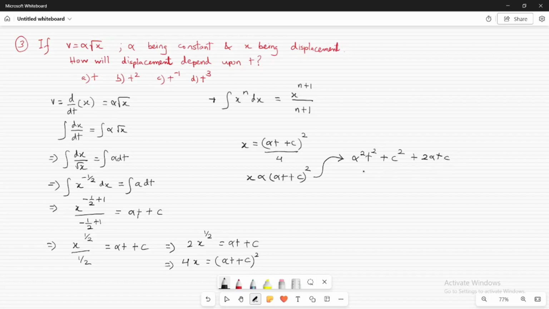Here the highest power of t is 2. Hence x displacement is proportional to t squared. So option B is the correct answer.